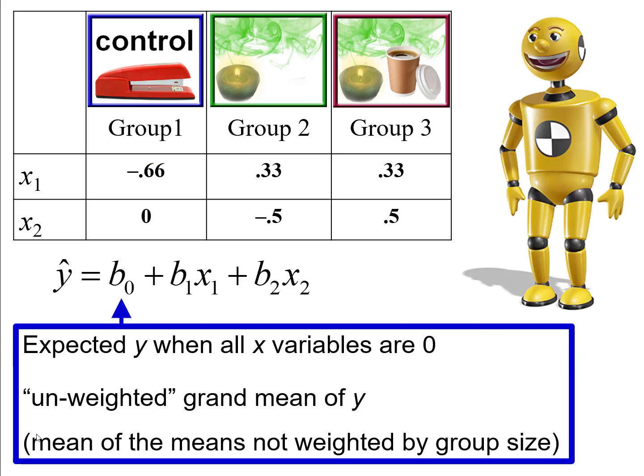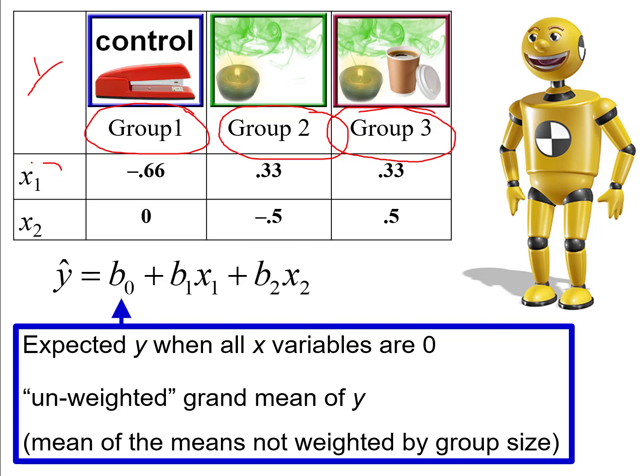So let's see what we get if we create these two orthogonal contrasts and plug them into a regression equation. Again, we have an example here where I have 3 groups. I've randomly assigned people to either my control group, my regular treatment, group 2, or my enhanced treatment, group 3. And everyone has a score on an outcome variable y, maybe levels of happiness at the end of the study.